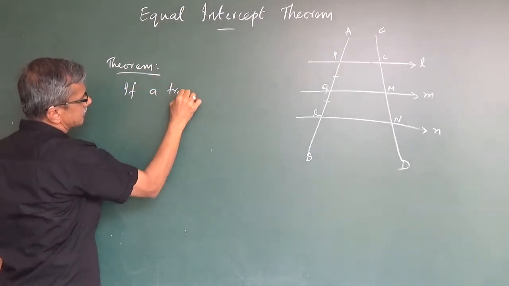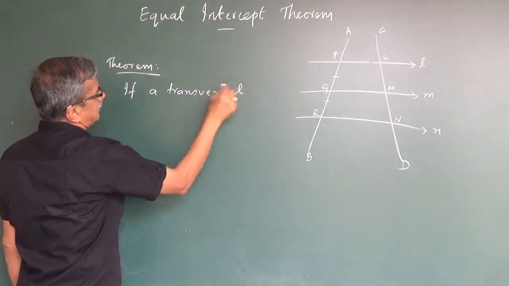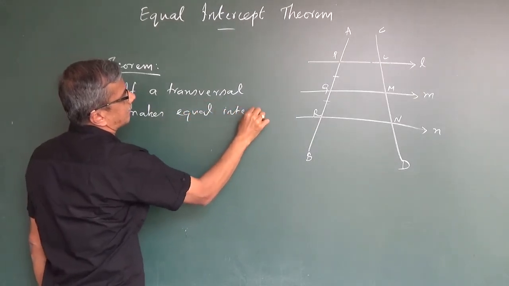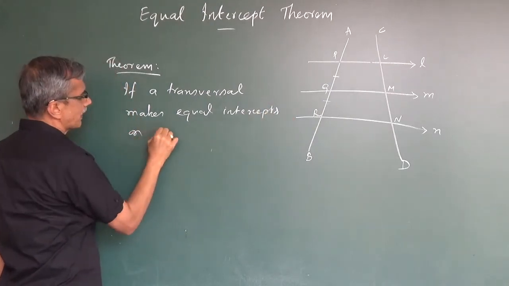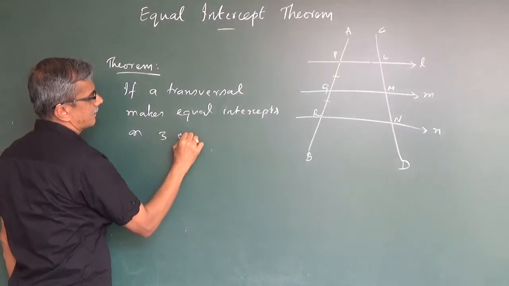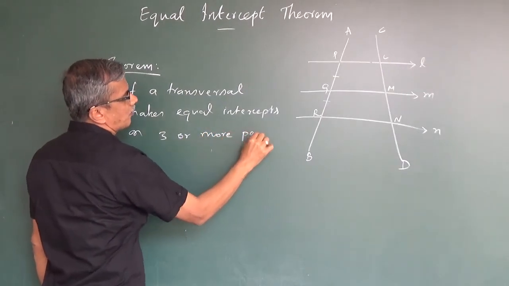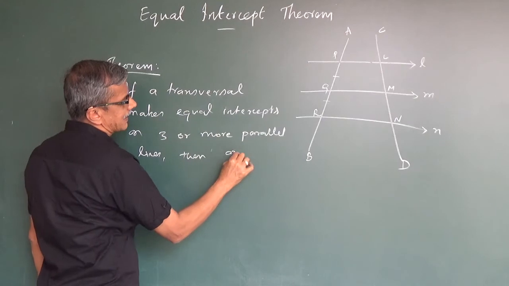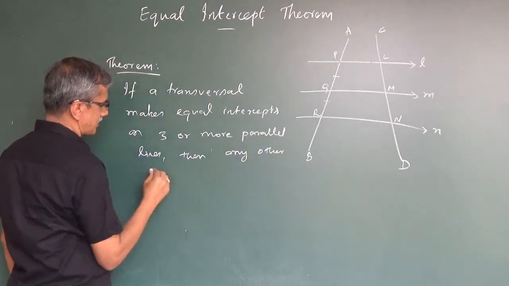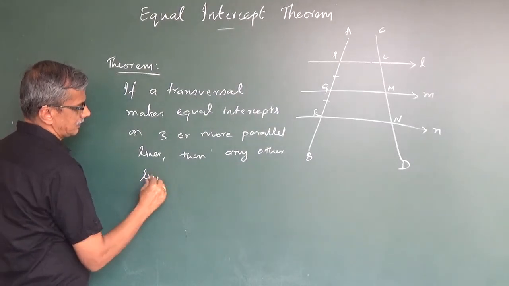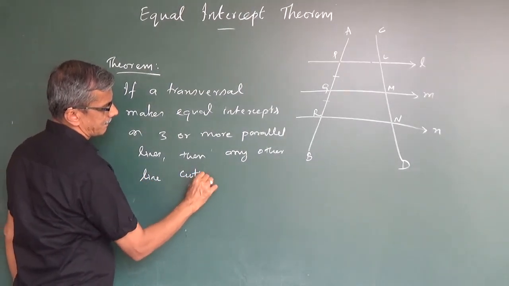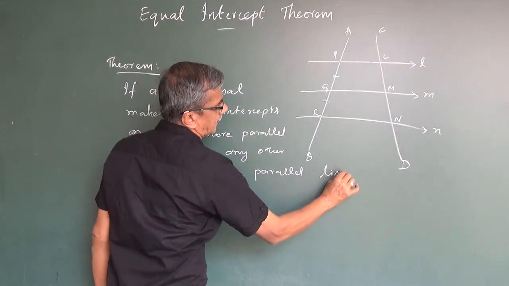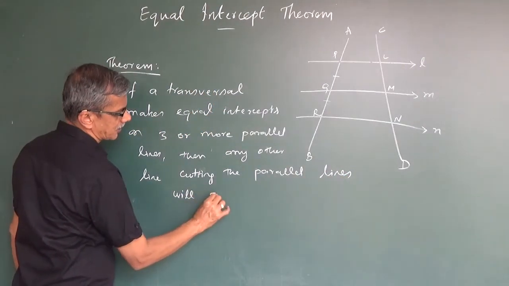If a transversal makes equal intercepts on three or more parallel lines, then any other transversal, any other line cutting the parallel lines, will also make equal intercepts.